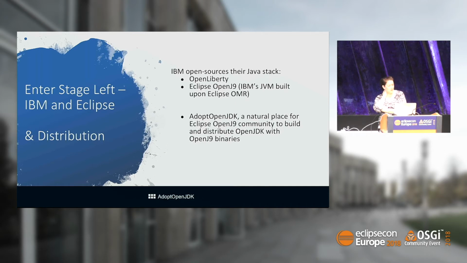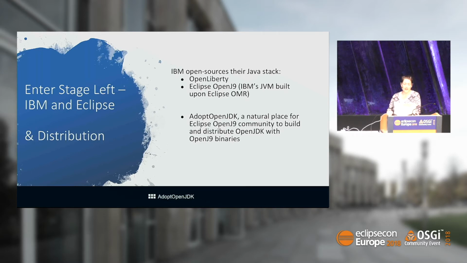In the meantime, IBM also open sourced their Java stack. So I think there are some nice talks about Open Liberty. There's a few people from the OpenJ9 team here, including myself and others, sitting in the front row. Hi, everyone. So we've open sourced all of the Java stack, and we're looking for a way to get this out to the community.